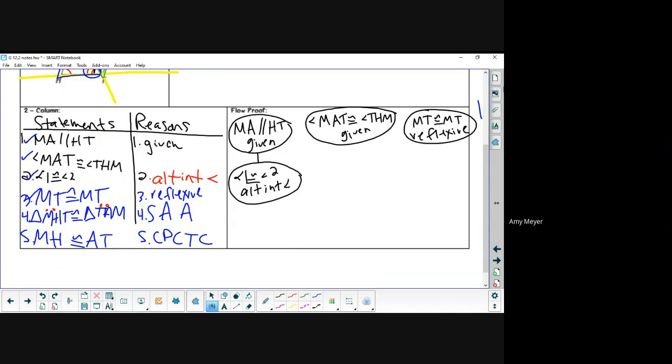We have to bring these 3 statements together to get our SAA. Sides and an angle, go ahead and copy down that your triangles are congruent. And then your last step stems from your congruent triangles.